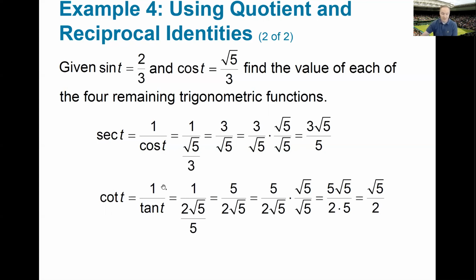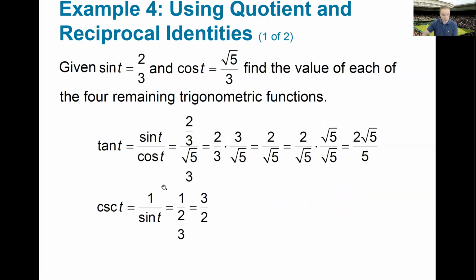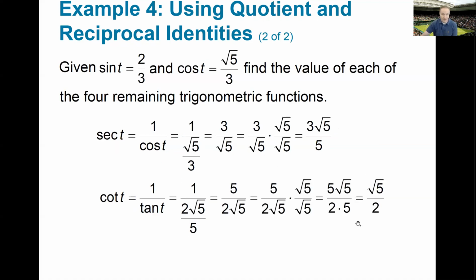So instead of doing 1 over tangent like I did here, which is okay, taking the reciprocal of this answer, you could just say the cotangent's the cosine over the sine, and you can see it's going to give you the square root of 5 over 2, which is your final answer there.